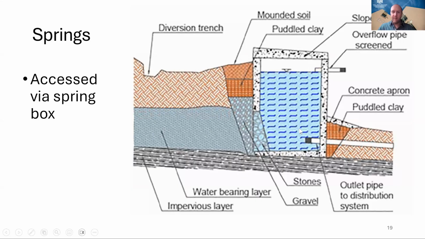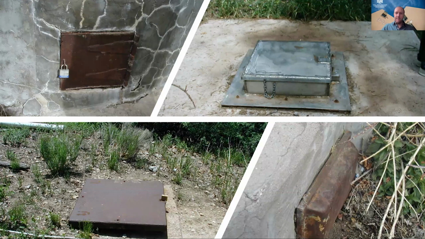So this is the schematic of what these look like, a cross view, and then what these look like in real life, some pictures. Some of these pictures are a little close up, but you can kind of get the idea. These are the tops of these boxes in this photo and this photo.